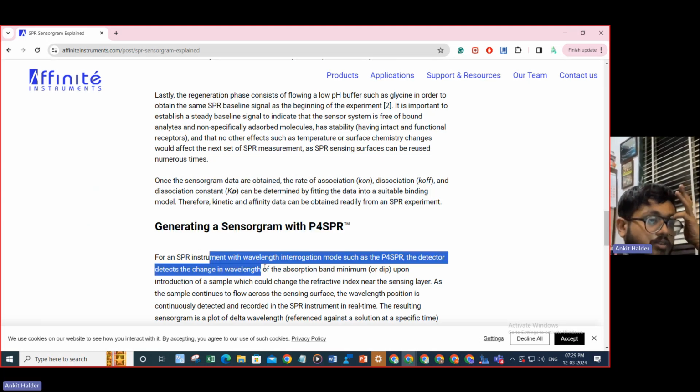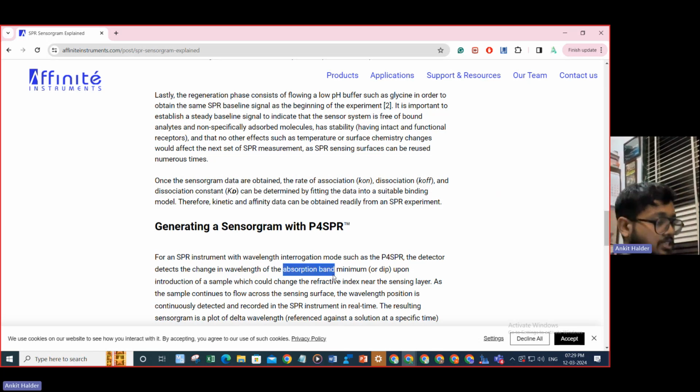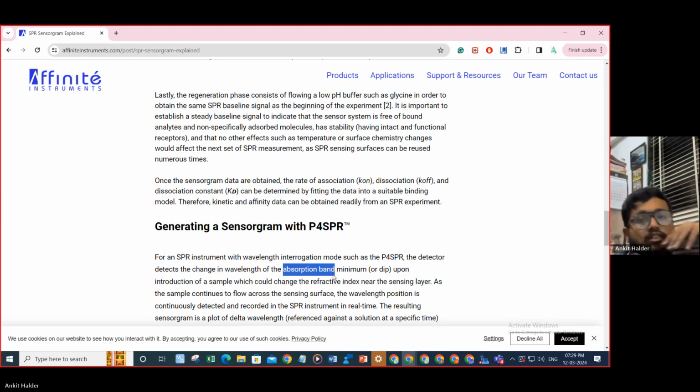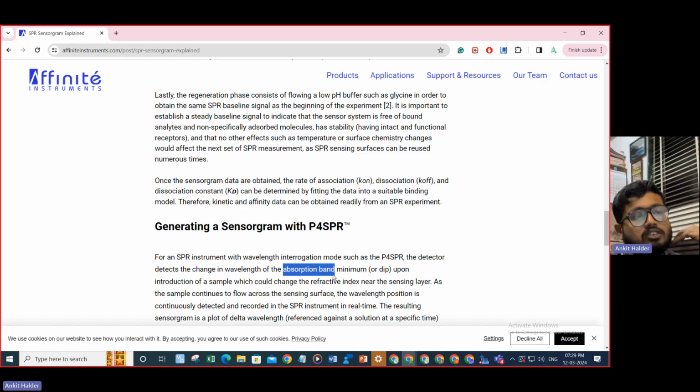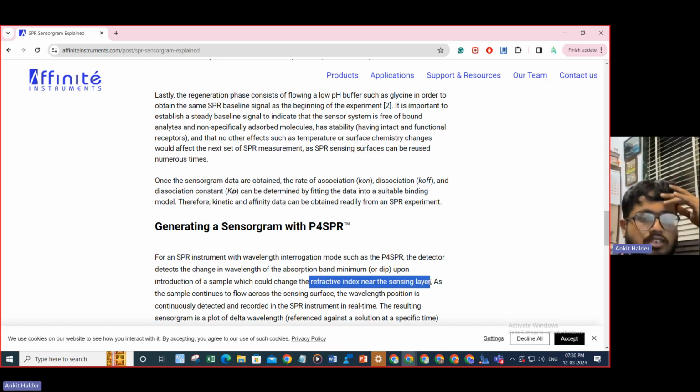sensorgram. So with wavelength interrogation mode, the detector detects a change in the wavelength of the absorption band minimum or dip upon the introduction of a sample, which could change the refractive index near the sensing layer.